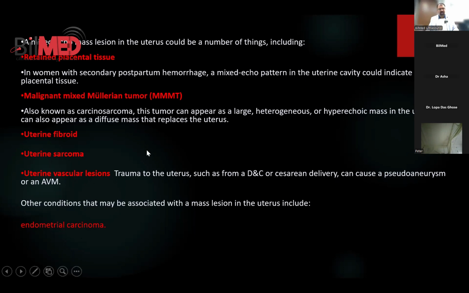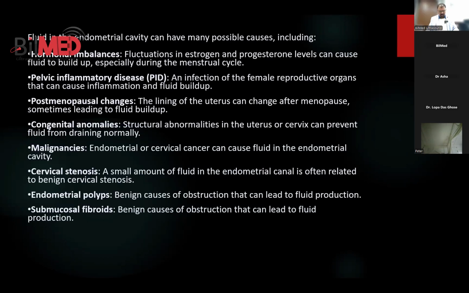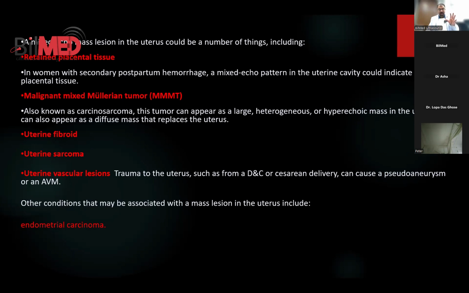So this is the list of pathologies you have to keep in mind when you are seeing a mixed, heterogeneous lesion with some cystic areas. Most of the time, but not always, it is a fibroid with some degenerative changes, but it can even be a carcinoma.